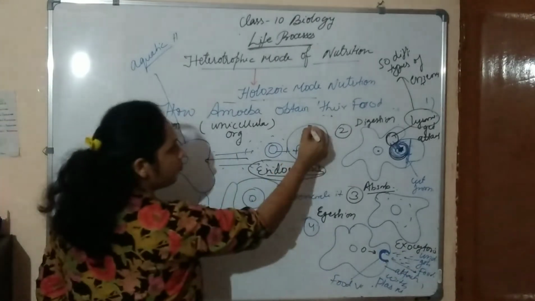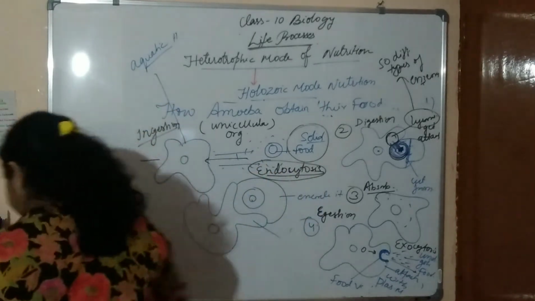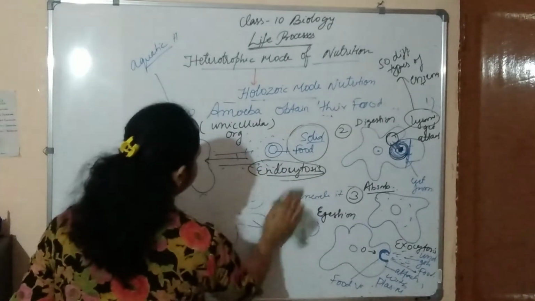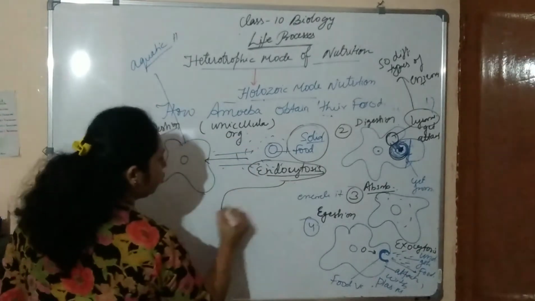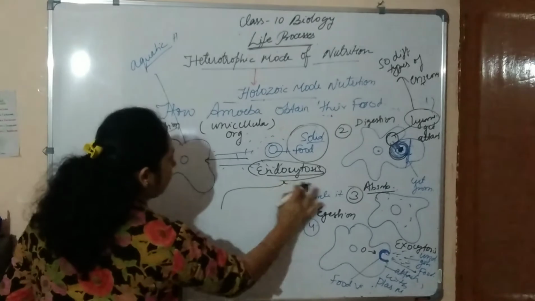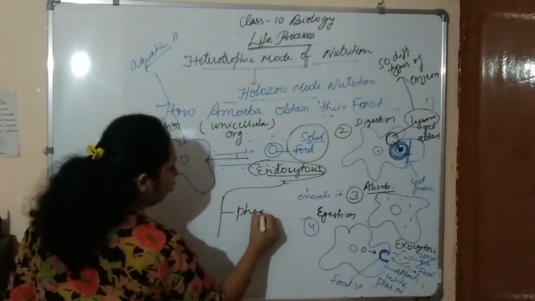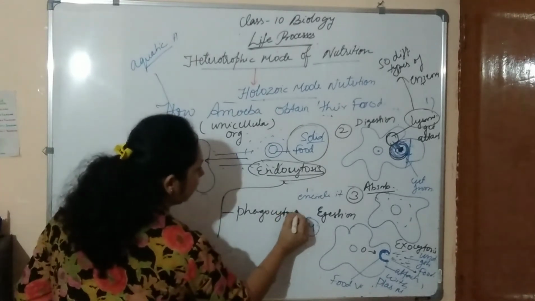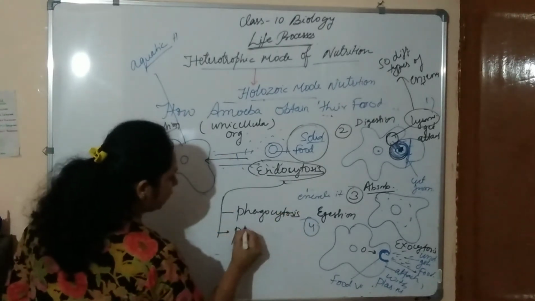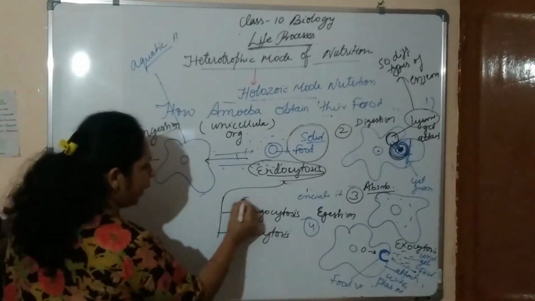And this endocytosis is of two types. One is phagocytosis and the other is pinocytosis.